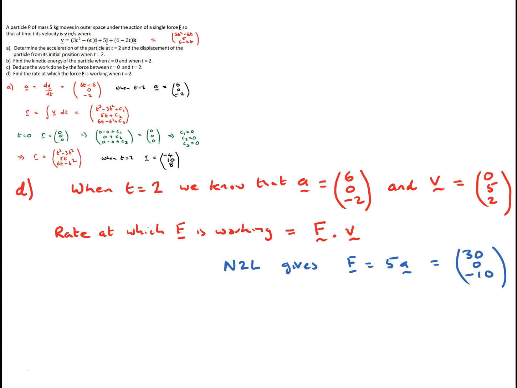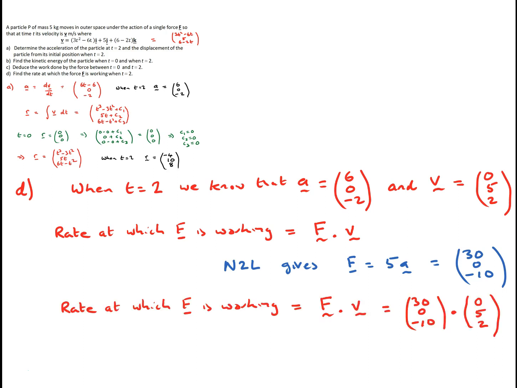So Newton's second law, F is the only force acting, so F is the resultant force, and the resultant force must equal the mass times the acceleration, which is 5 times (6, 0, minus 2). So we've got the force must be (30, 0, minus 10). So the rate at which F is working is the scalar product of (30, 0, minus 10) with the velocity (0, 5, 2).